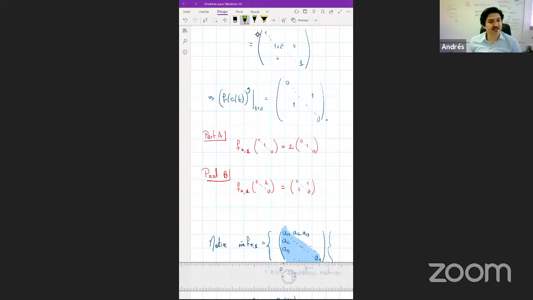So we have computed this for all possible vectors in the basis. Here I have n possible vectors, and here the remaining ones. In total, the dimension of the tangent space is n squared.